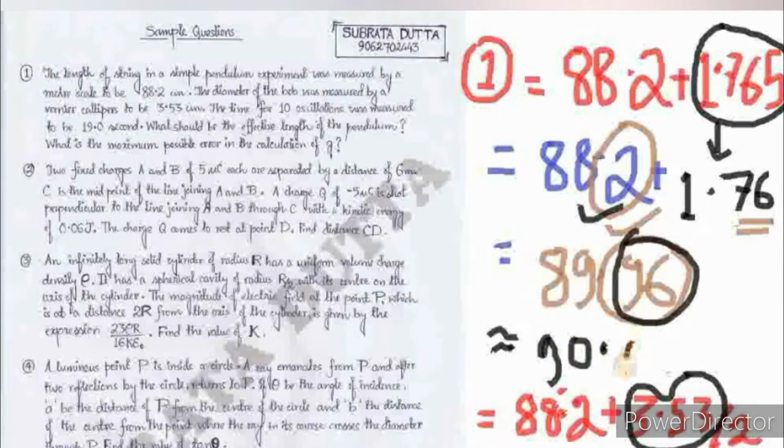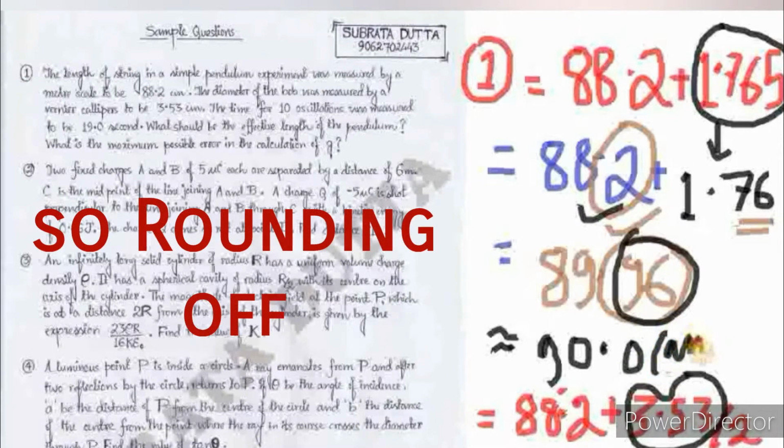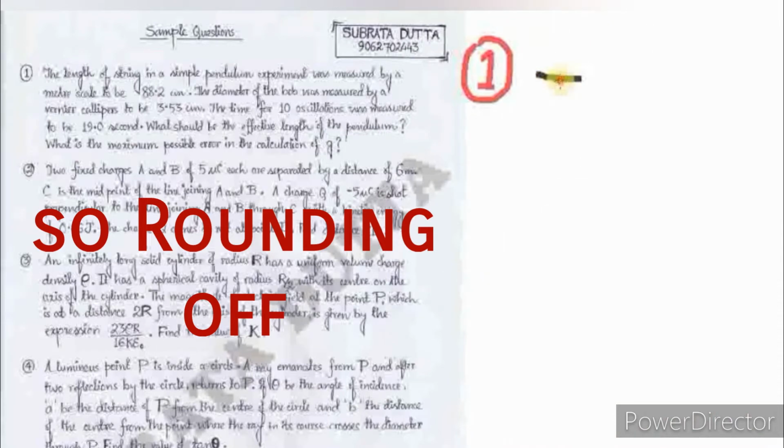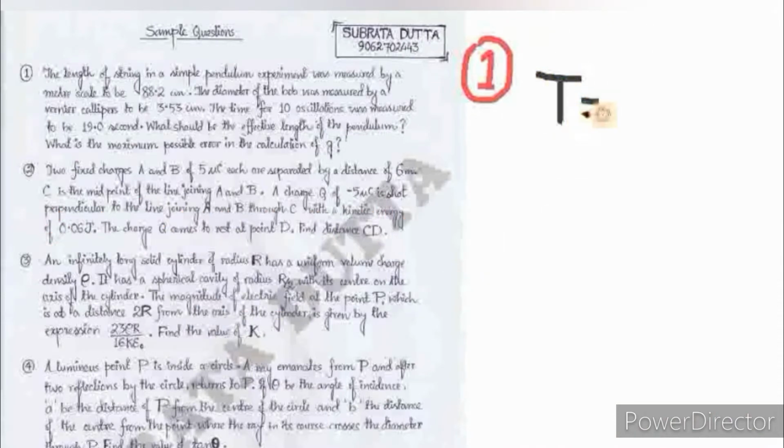For example, here the two numbers are 88.2 and 1.76. 88.2 has one significant figure after the decimal, but 1.76 has two. That's why the result should contain one significant figure after the decimal, and that is why our result 89.96 became 90.0 centimeter. Here the 0 is significant.